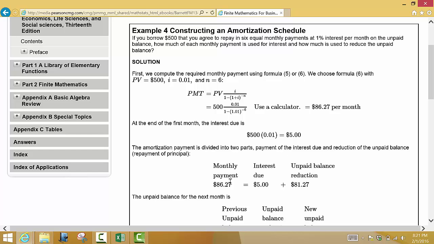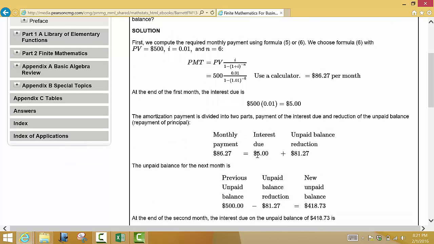So let's look at how the monthly payments actually are paid. We're paying $86.27 per month no matter what. Part of that payment will be the interest, and part of it will be how much we're actually paying toward the balance. The interest on that unpaid balance turns out to be $5.